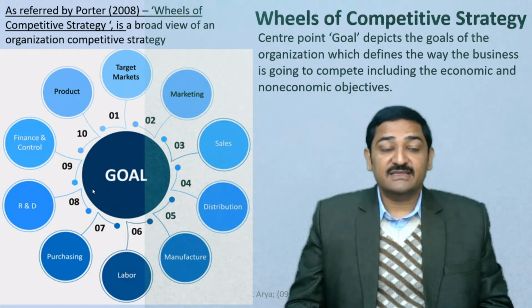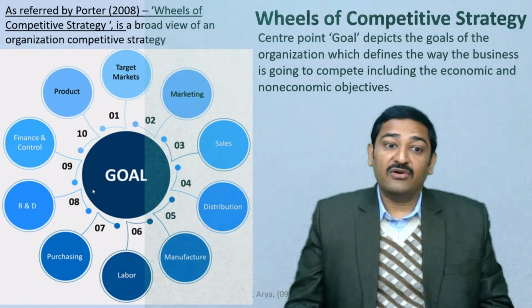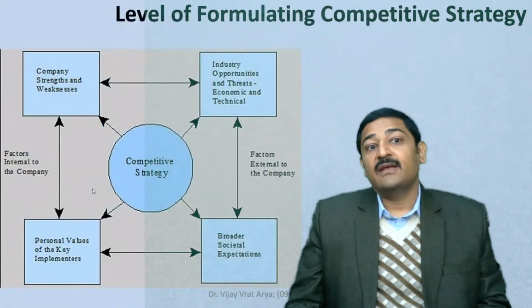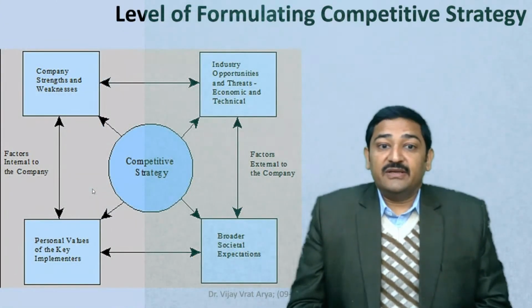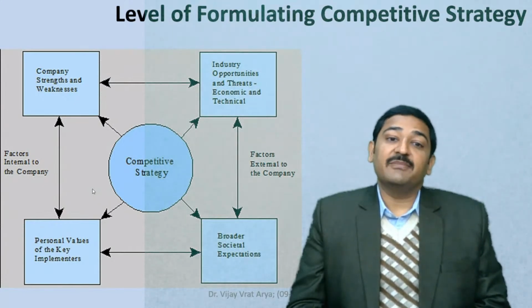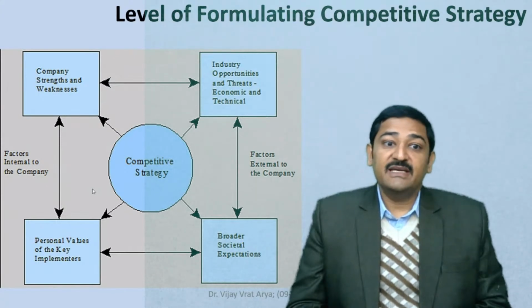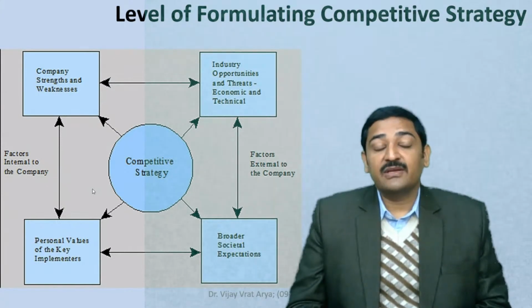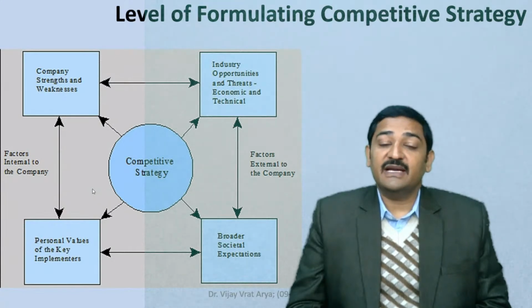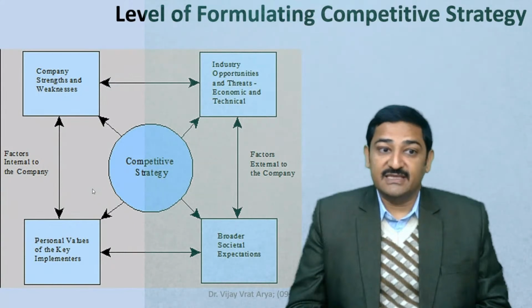And last, the product aspect, the final product for the market. Now, when we refer to this field, we further need to refer to the level of formulating competitive strategy, where there are two aspects: one is the company's or corporation's position that needs to be understood, and at the same time, the position of the industry also needs to be considered.